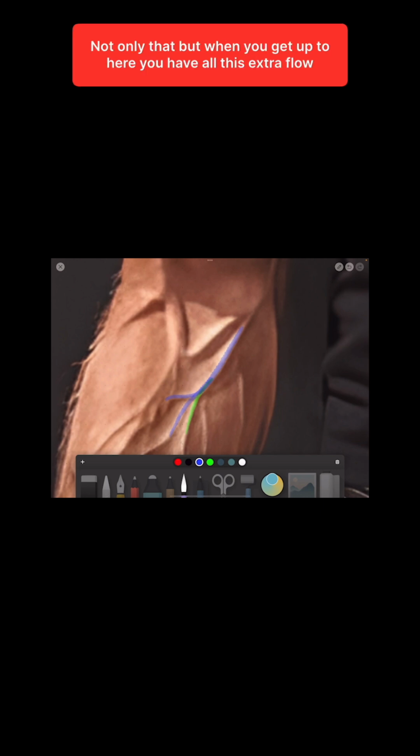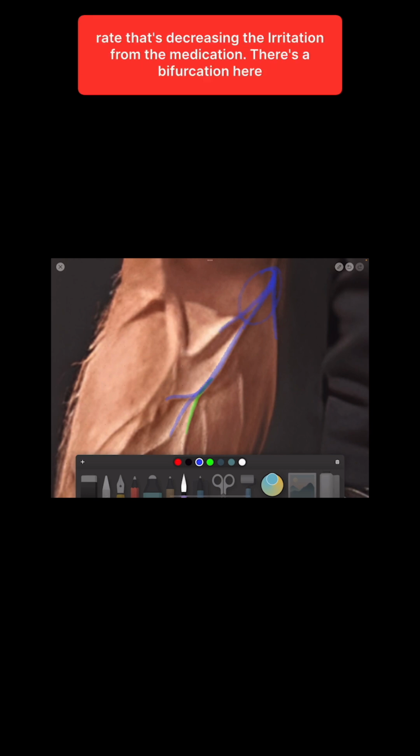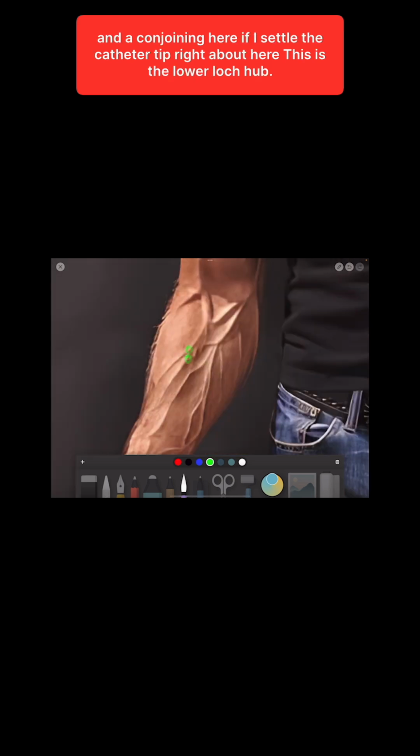Not only that, but when you get up to here, you have all this extra flow rate that's decreasing the irritation from the medication. There's a bifurcation here and a conjoining here. If I settle the catheter tip right about here, this is the lower lock hub, and this is our catheter point.